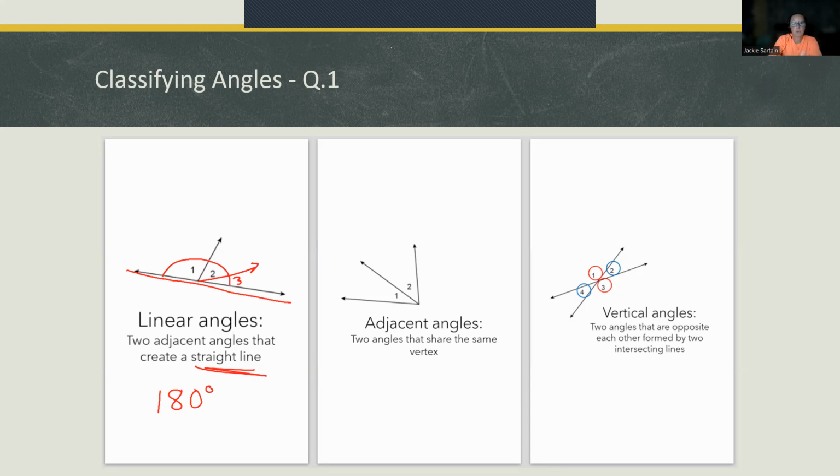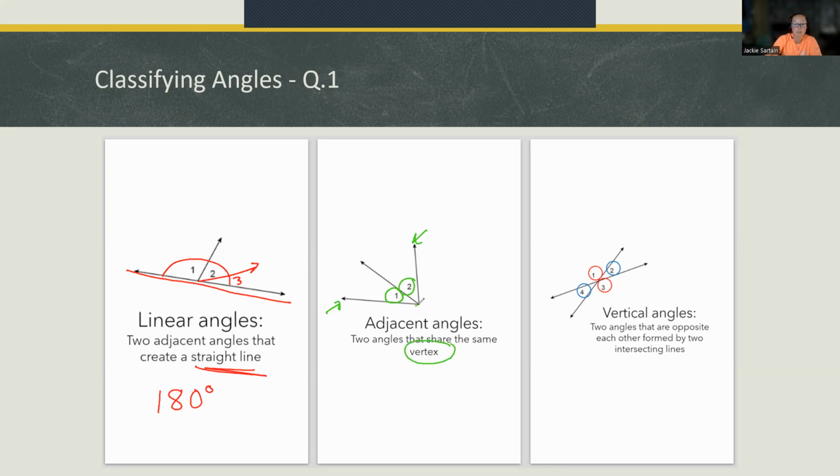Adjacent angles are angles that are simply side by side. So 2 and 3 could add up to any measurement. There isn't a set measurement for this because it depends on how wide this line and this line go. But what we're trying to pull with adjacent angles is that they share the same vertex.